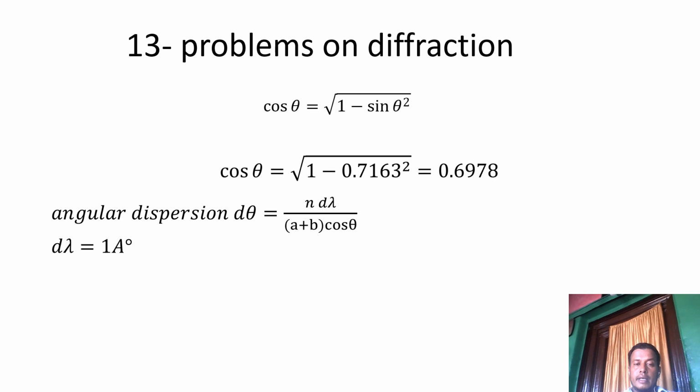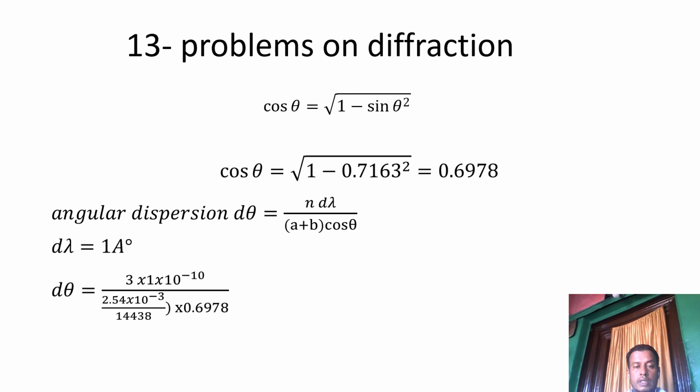So using this, 3 into 1 angstrom, that means 1 into 10 to the power of minus 10 for d lambda, with a plus b equal to 2.54 into 10 to the power of minus 2 divided by 14438, into cos theta, which is 0.6978. Put this value and we got the dispersion, that is 0.114 centimeter.